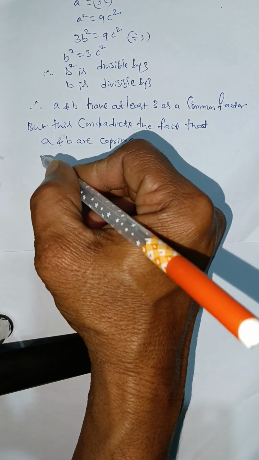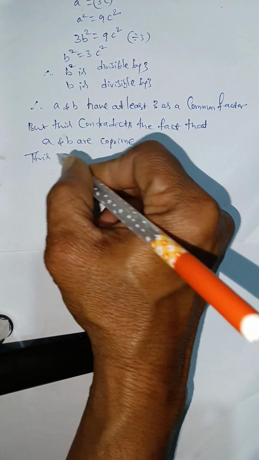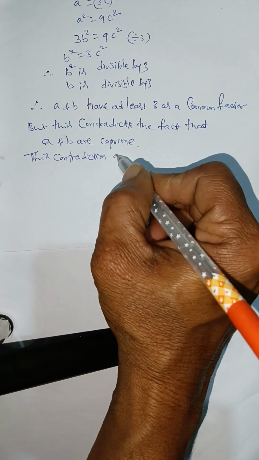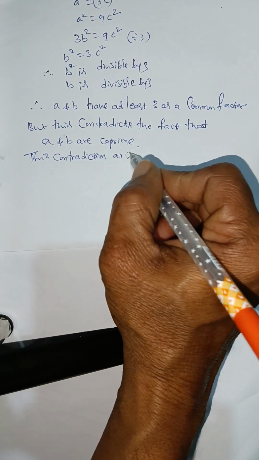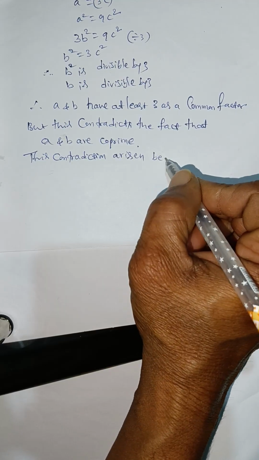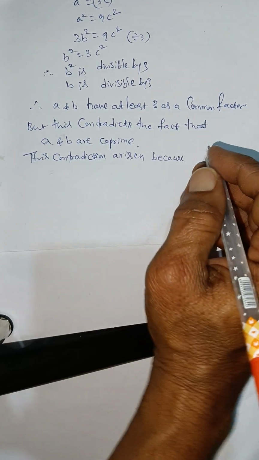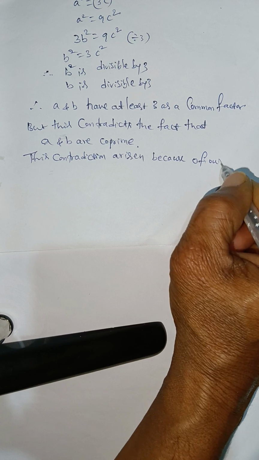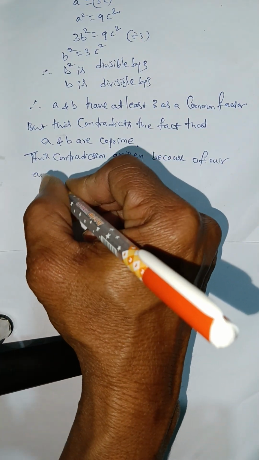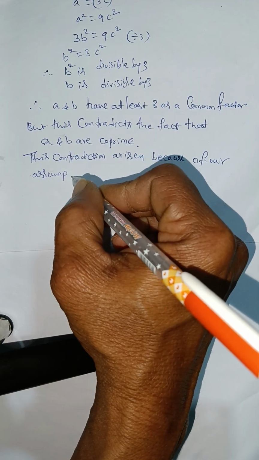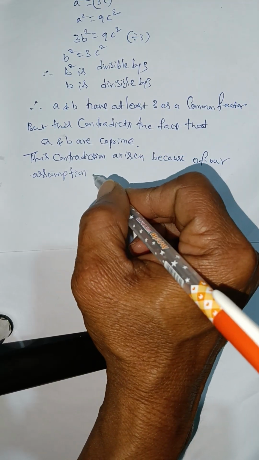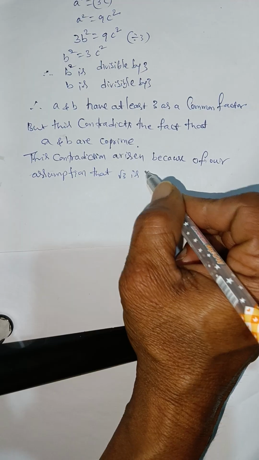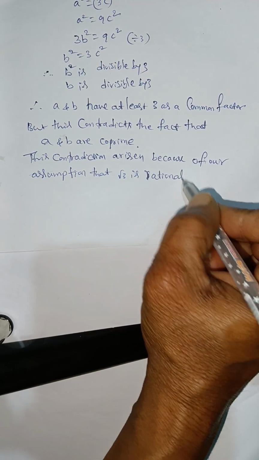This contradiction has arisen because of our assumption that root 3 is rational.